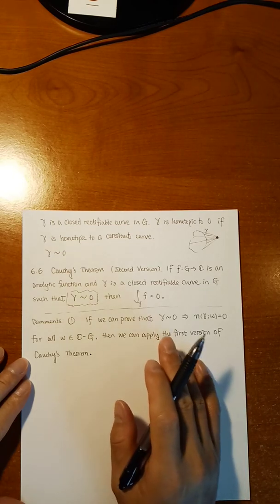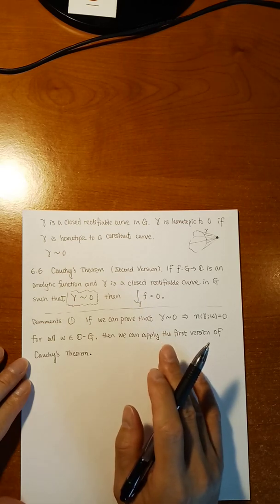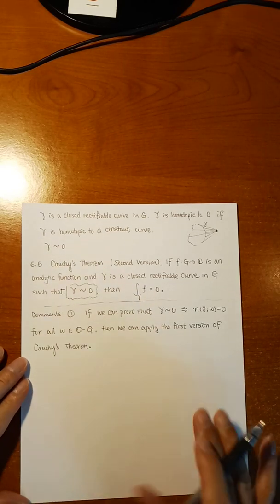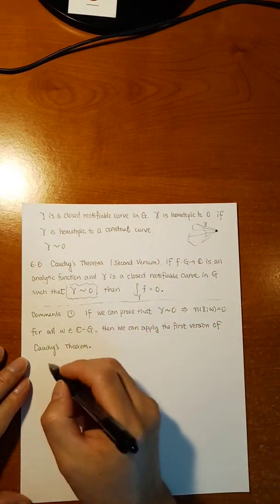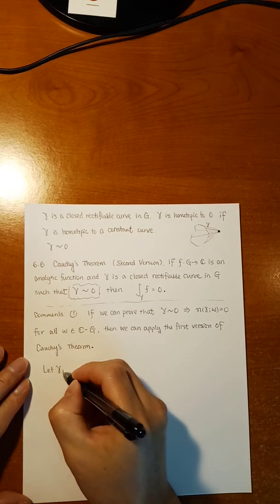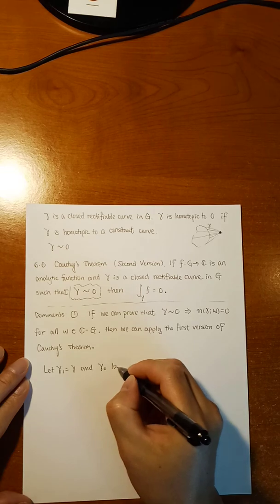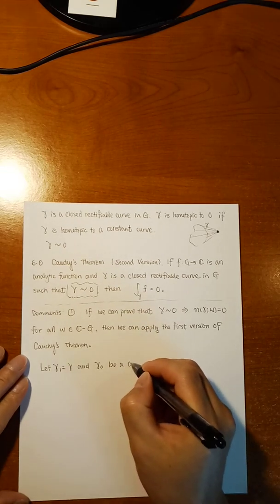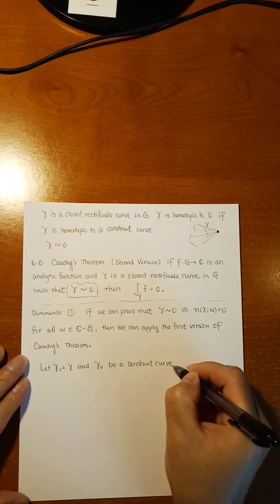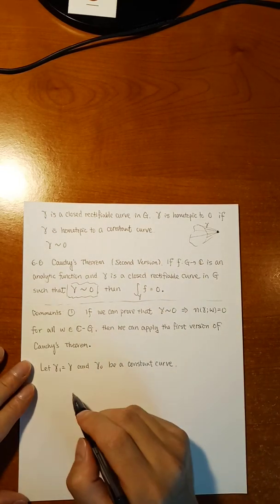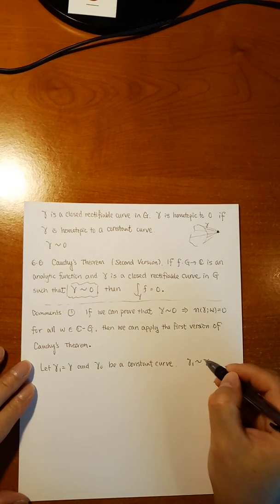So how do we go through this? For example, let gamma 1 be gamma, and gamma 0 be a constant curve. Of course, gamma 1 is homotopic to gamma 0.